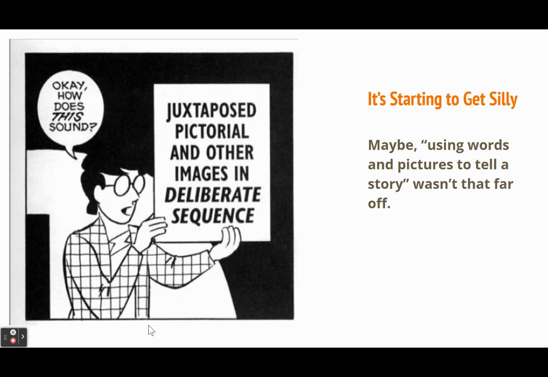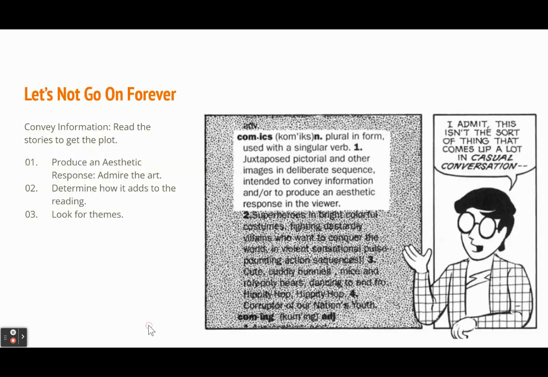So maybe the idea of using words and pictures to tell a story wasn't that far off. It is clean, it is simple, but McCloud comes up with, I think, an excellent definition. Juxtapose pictorial and other images in deliberate sequence intended to convey information and or produce an aesthetic response to the viewer.